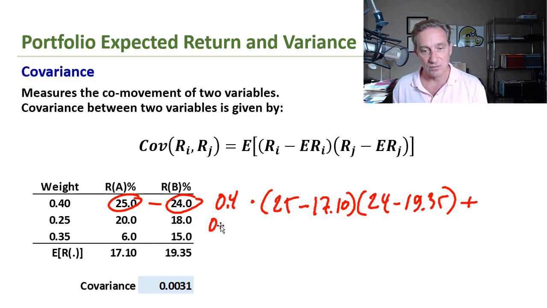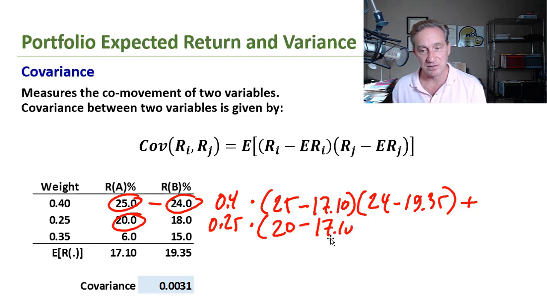So now we'll do the weight first, 25% probability multiplied by the cross product. 20 minus, now here I'm reusing the same 17.1 because this is going to be the same throughout. And then over here, return on B, 18 minus the same 19.35.